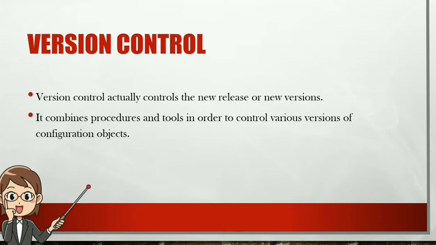Then the repository will store all the versions of a configuration object. It has a facility to provide the related information about a configuration object so that a software engineer can construct a new version based on this information. And lastly, to track all the issues in the development process by using a special tracking facility in the version control. So version control actually controls the new releases or the new versions.